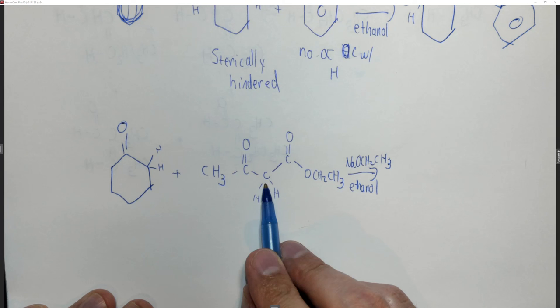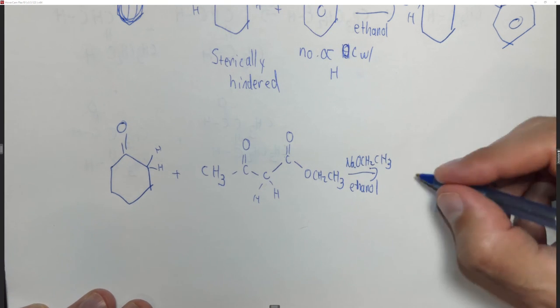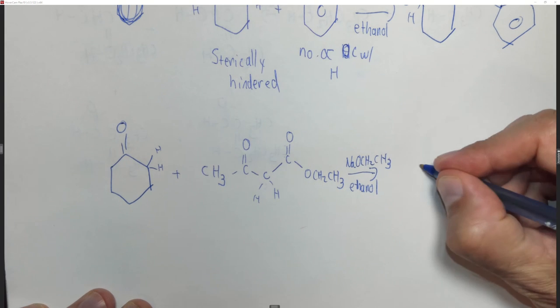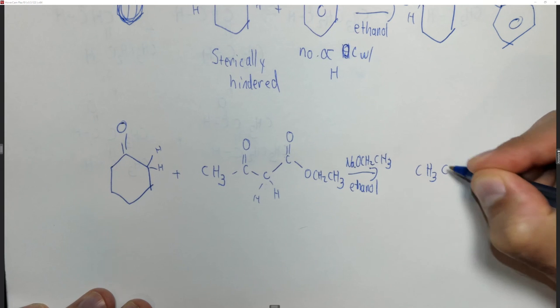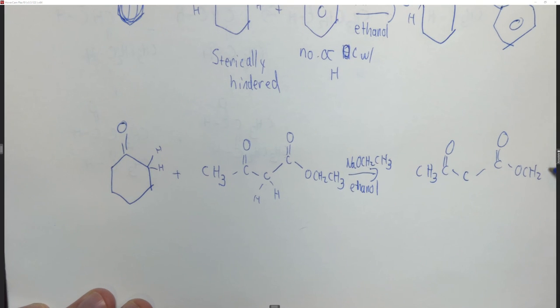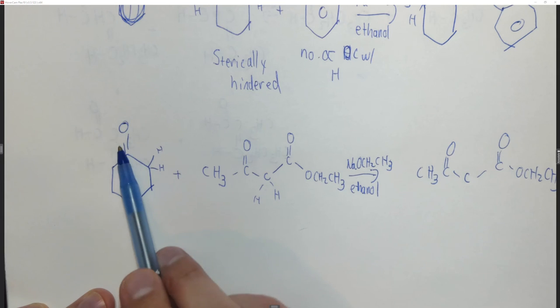Then, when we have this large difference in acidity, and we also have this relatively bulky molecule, what we end up with is this losing the proton, but then after the dehydration, both protons. So we get CH3, C double bond O, C, double bond O, CH2, CH3. And it's going to attack this one.